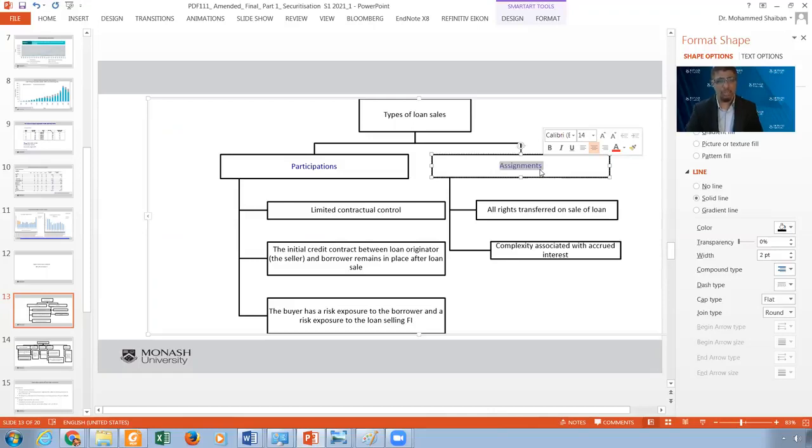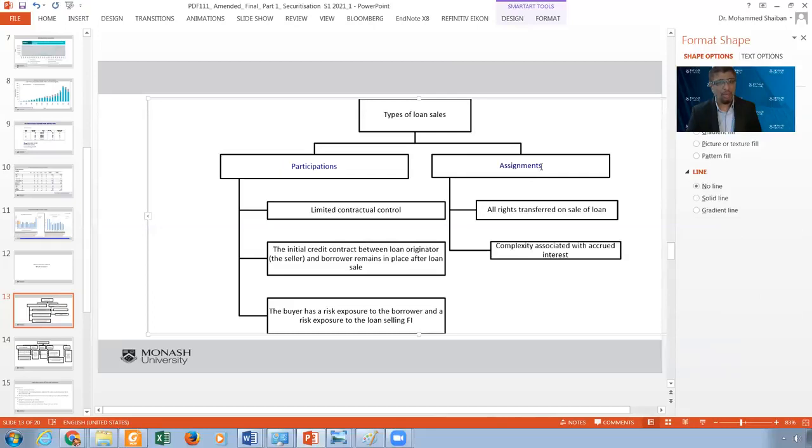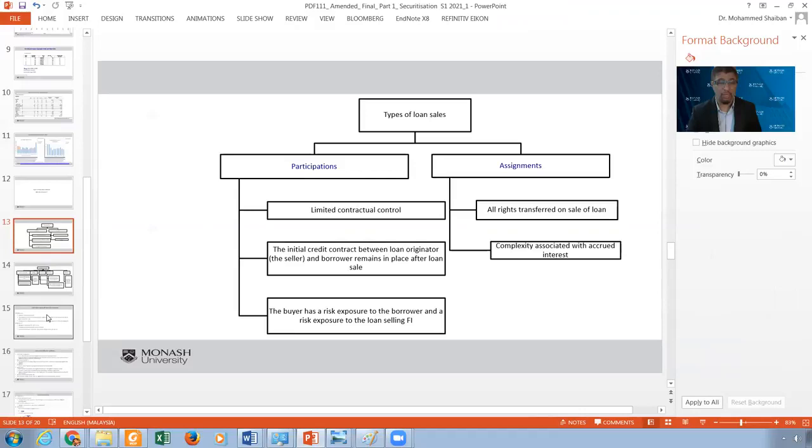They are not actually making bad loans for the sake of selling them later on, so that ethical issue is not there. This is the assumption. So assignment is actually you sell the loan, and it will be the business of the buyer to take care of any credit risk.